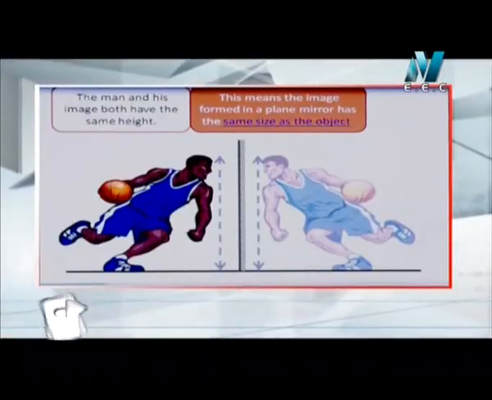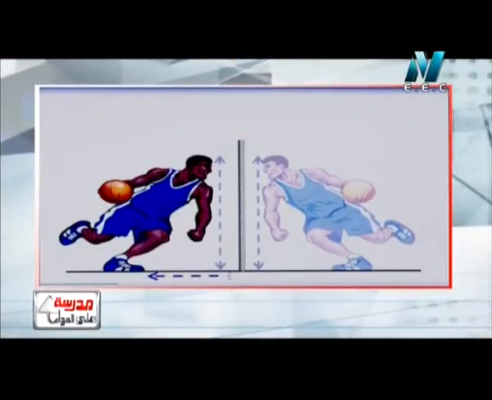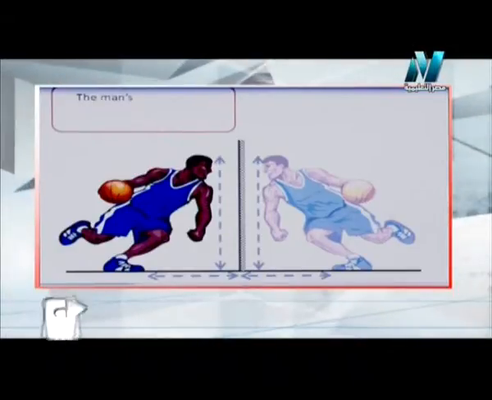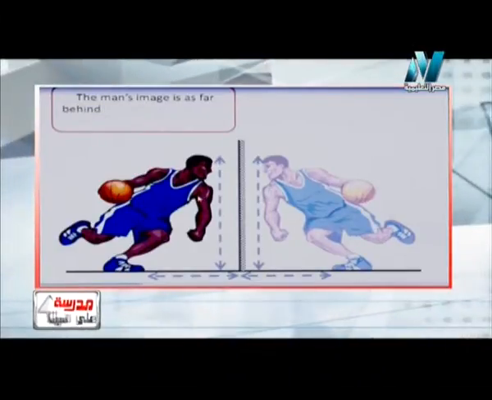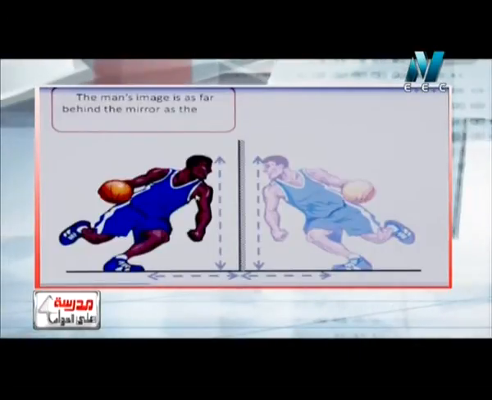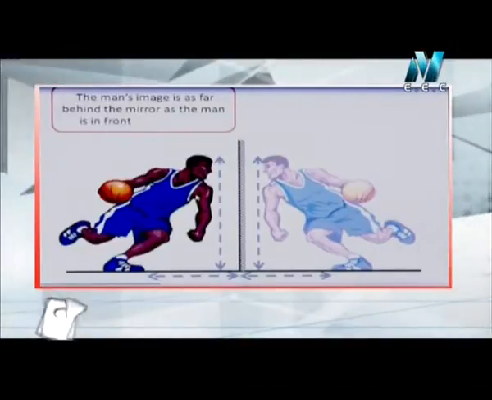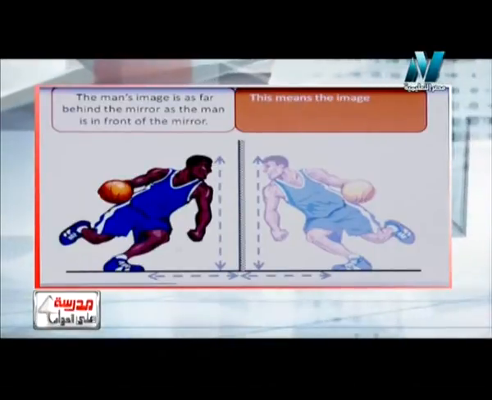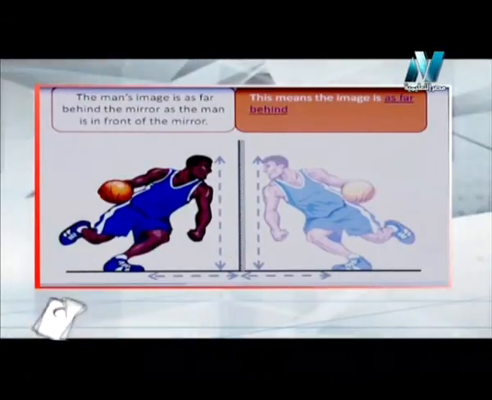We can recognize the first property: they are equal in size, the object and his image. Number 2, the distance between object and mirror equals the distance between mirror and image.